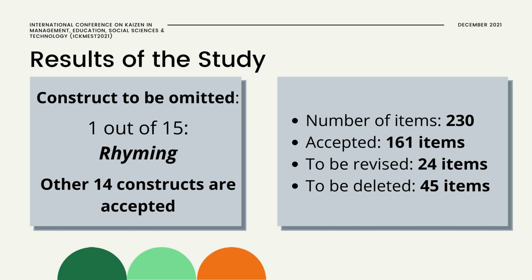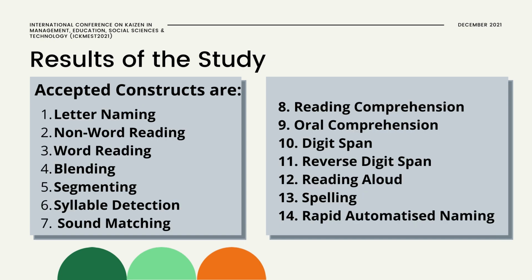Okay, so rhyming is one construct that must be omitted, and the other 14 constructs are accepted by all the 15 experts. At the beginning, the number of items were 230, accepted by the experts only 161 items, and to be revised 24 items, and to be deleted 45 items based on the experts' opinion.